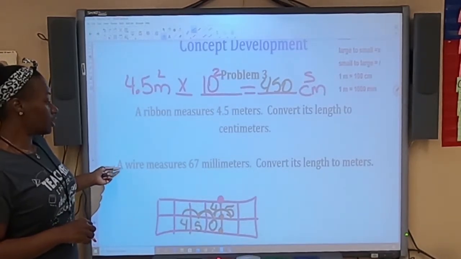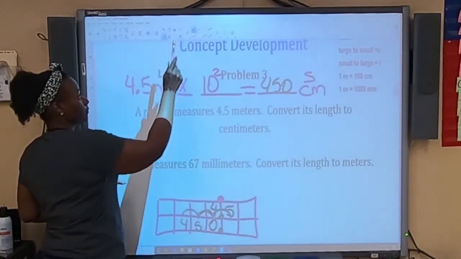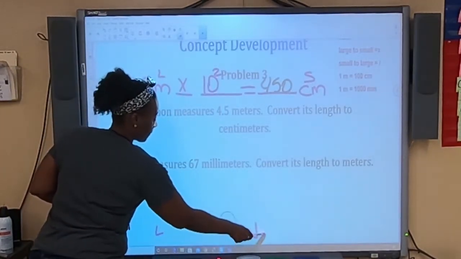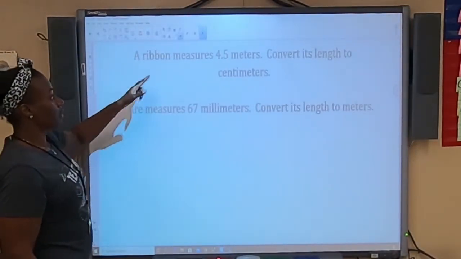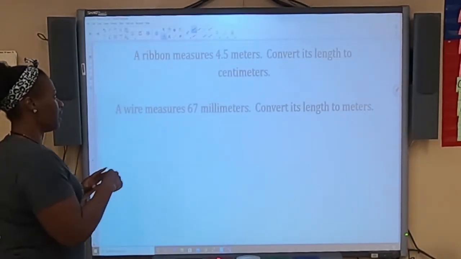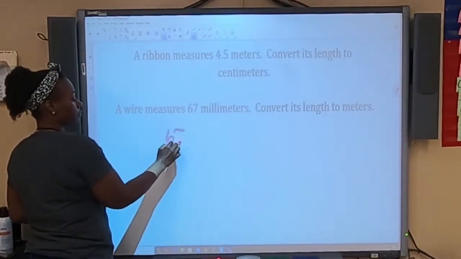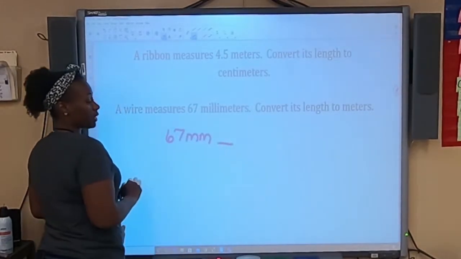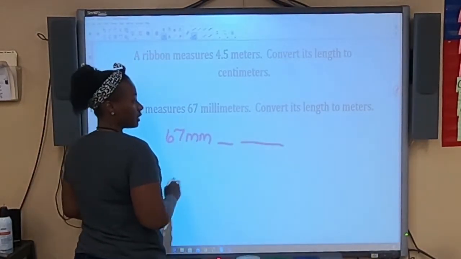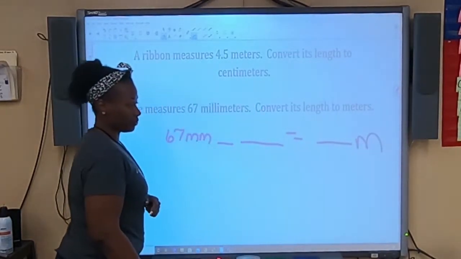Now let's change 67 millimeters to meters. Give myself some room. I'm going to set up my problem. It's asking me to take 67 millimeters and convert it. So I need an operation, a power of 10, and it wants me to convert it to meters.